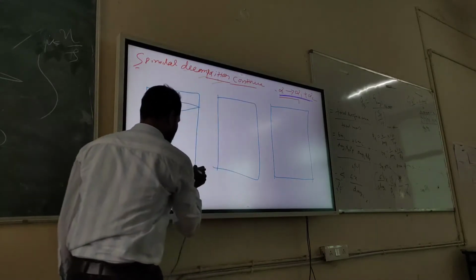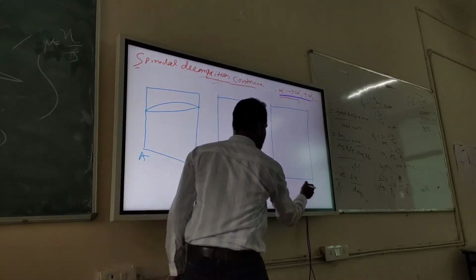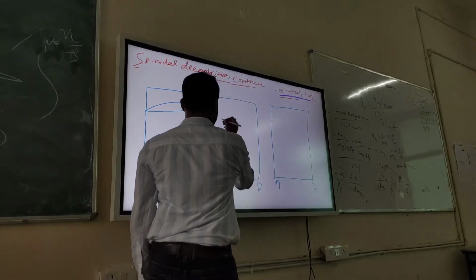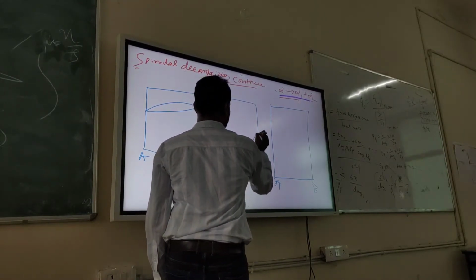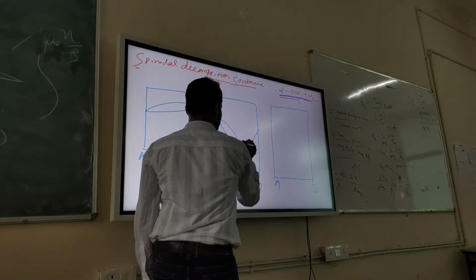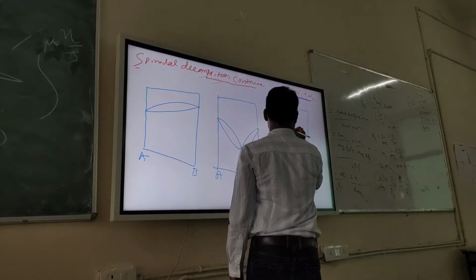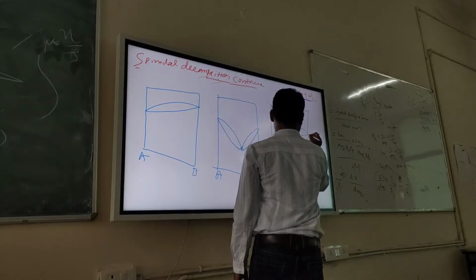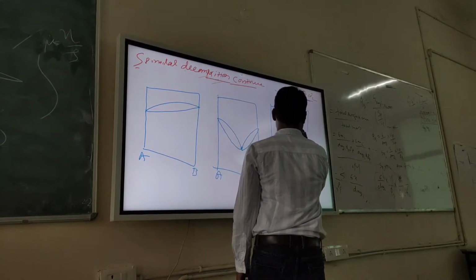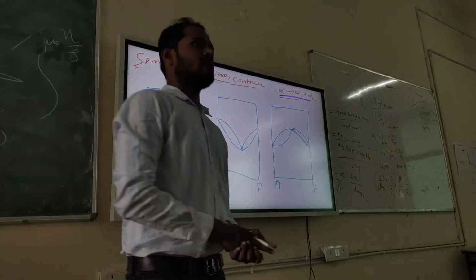Okay, this is B, this is A. These are 3 phase diagrams, right?